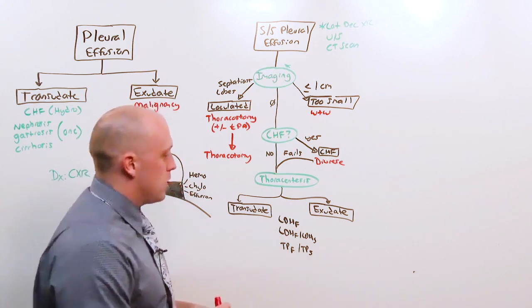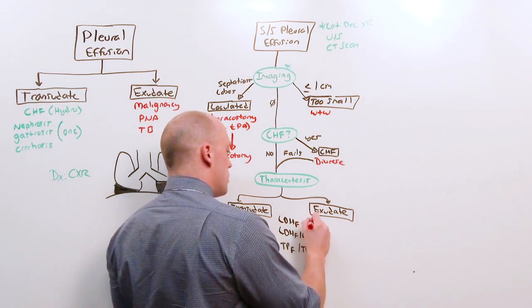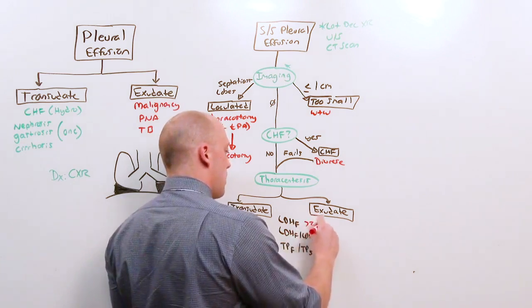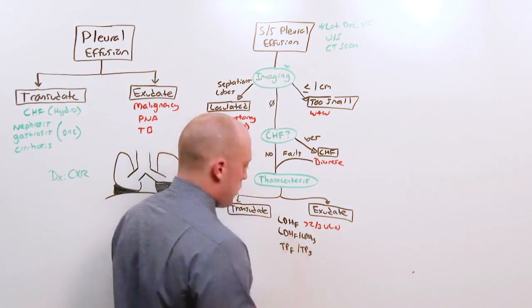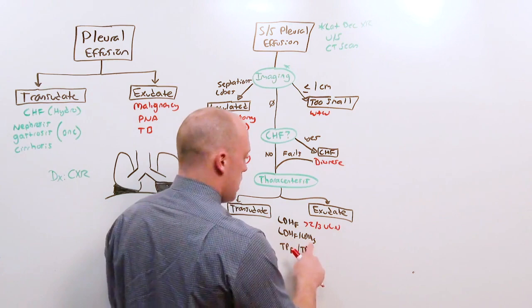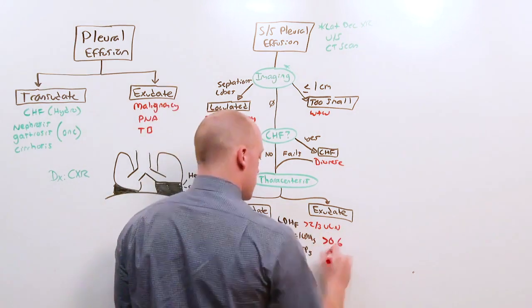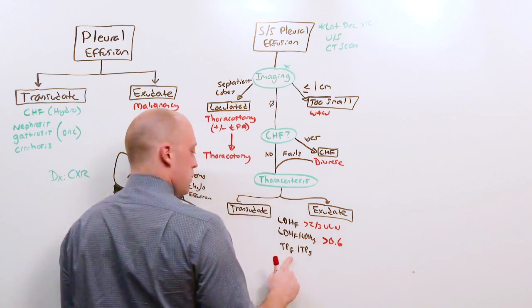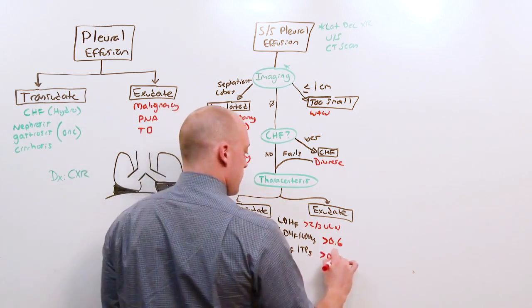What you have to commit to memory are these numbers. LDH of the fluid greater than 2/3 the upper limit of normal. The ratio of the LDH in the fluid to the LDH in the serum is greater than 0.6. Total protein of the fluid to total protein of the serum is greater than 0.5.